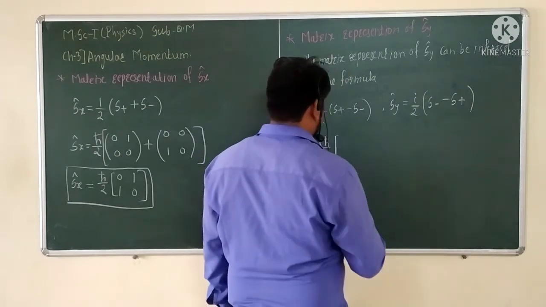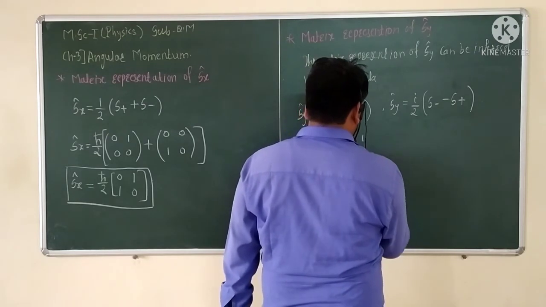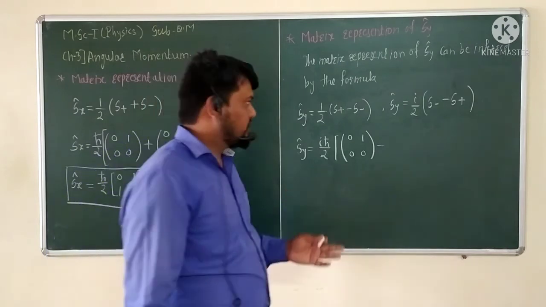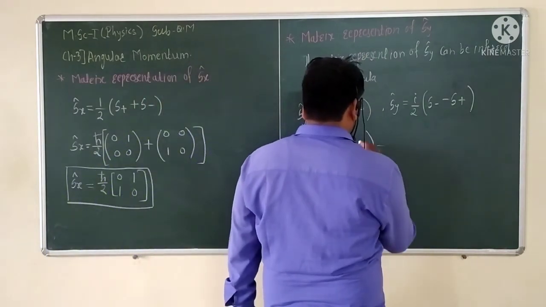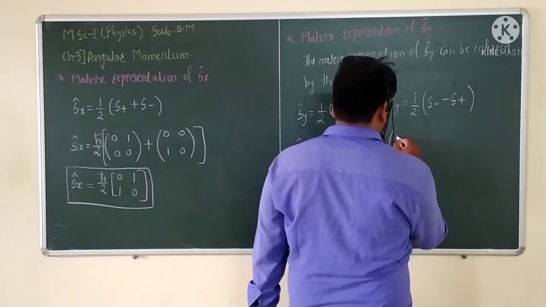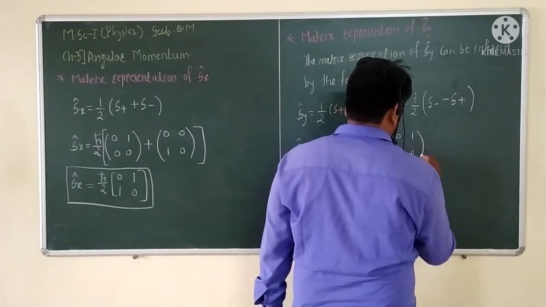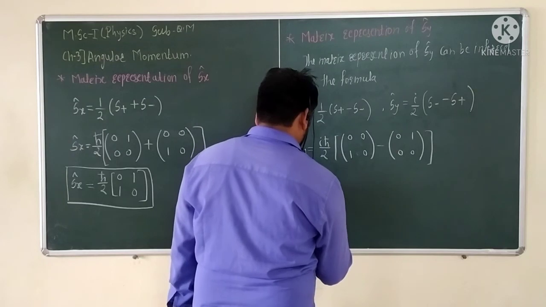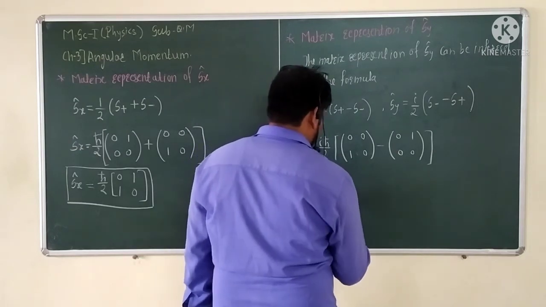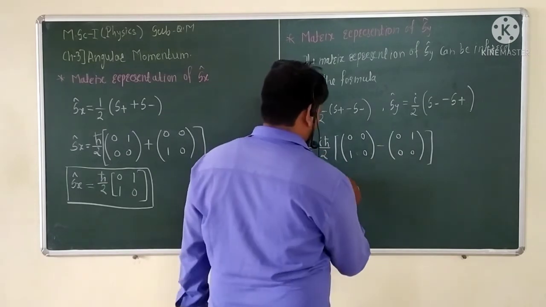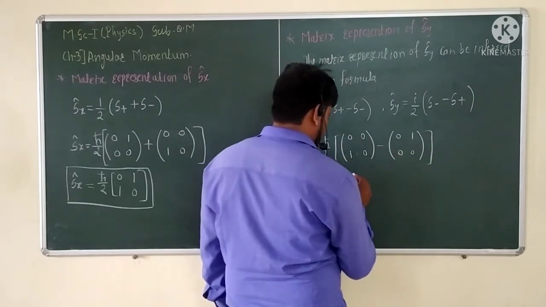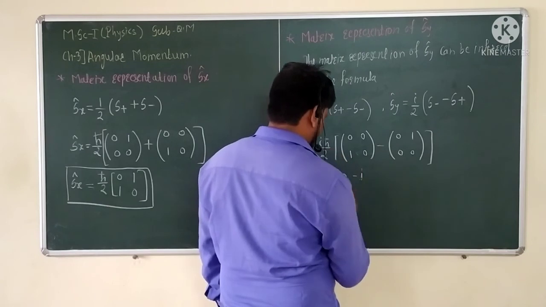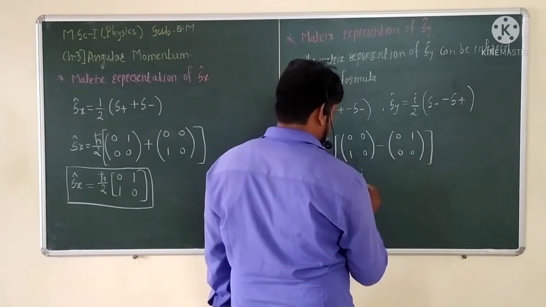The S plus matrix representation is 0 1 0 0, and the S minus operator value is 0 0 1 0, and we do the subtraction. So Sy cap is h cross by 2, taken outside, with i multiplied inside: 0 minus 0 is 0, 0 minus 1 is minus 1, multiplied by i is minus i, 1 minus 0 is 1, multiplied by i is i, and 0 minus 0 is 0.